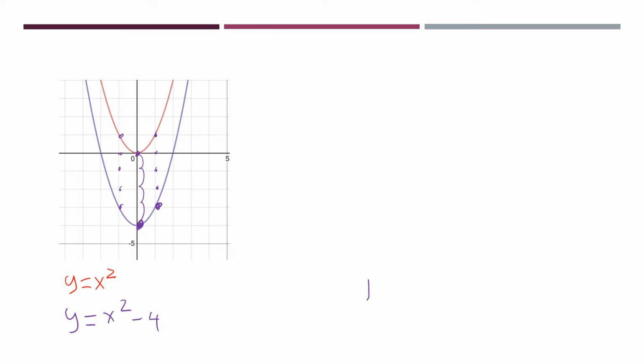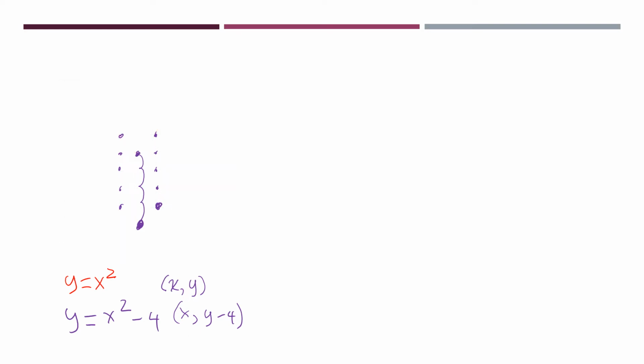So what I've done is I've taken my point, and if you think back to last year when you looked at transformations, okay, I've taken my x value, I've kept it the same, my y value, I've subtracted 4. So that's my transformation. All I've done is take that y value and moved it down 4 places.